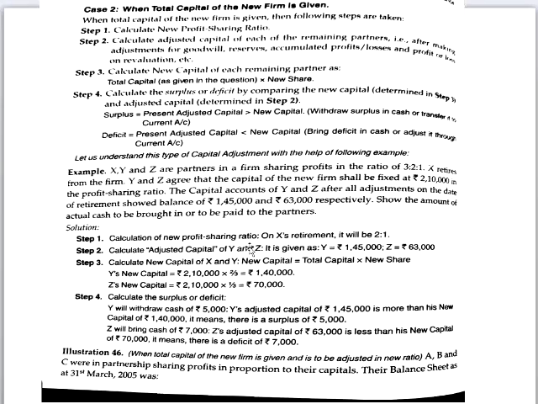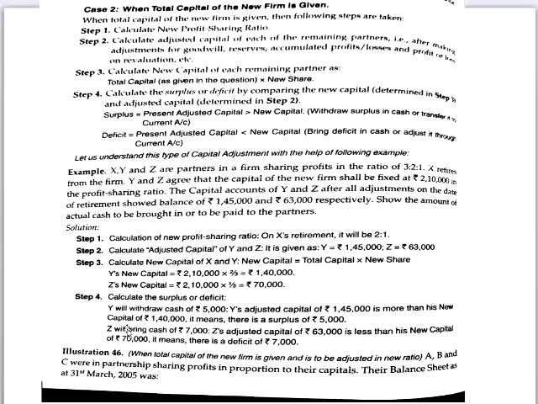Here the new firm's capital is given as 2,10,000, and their adjusted capital is also given: 1,45,000 is the capital of Y, and 63,000 is the capital of Z respectively. Show the amount of actual cash to be brought in or to be paid to the partners. Here the cash account is involved, no need to open a current account.